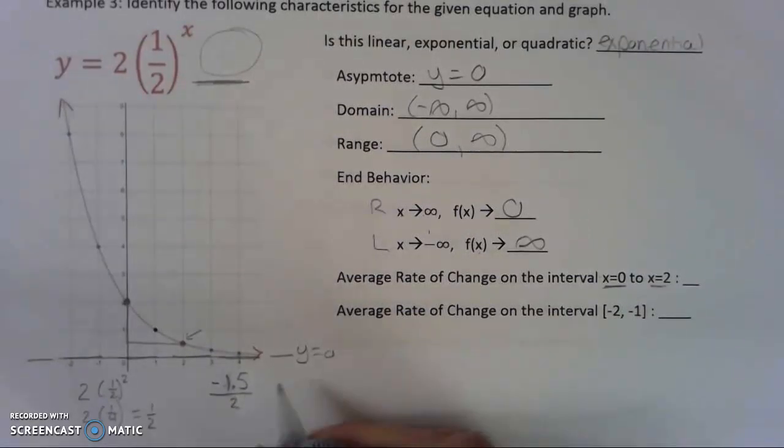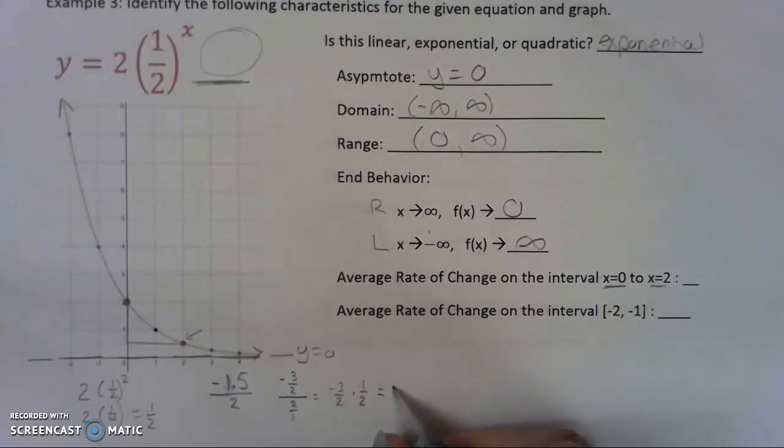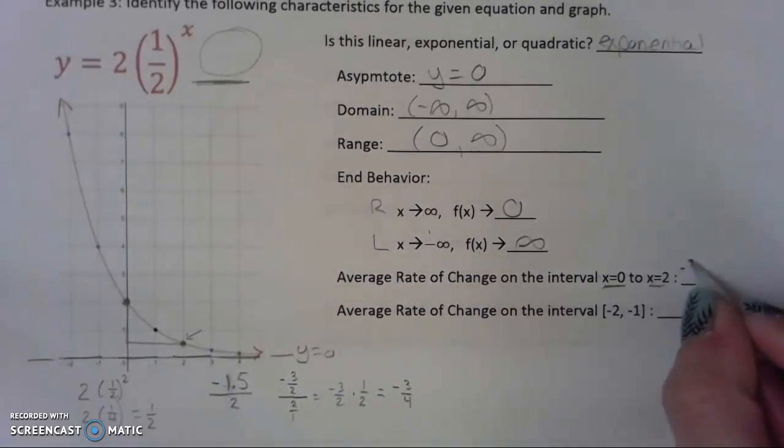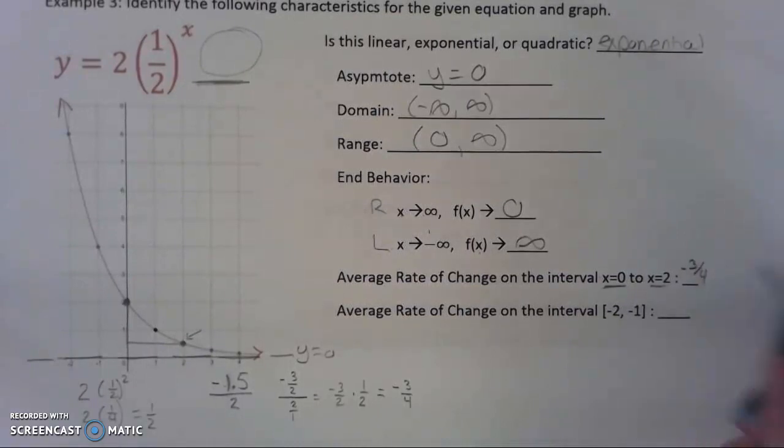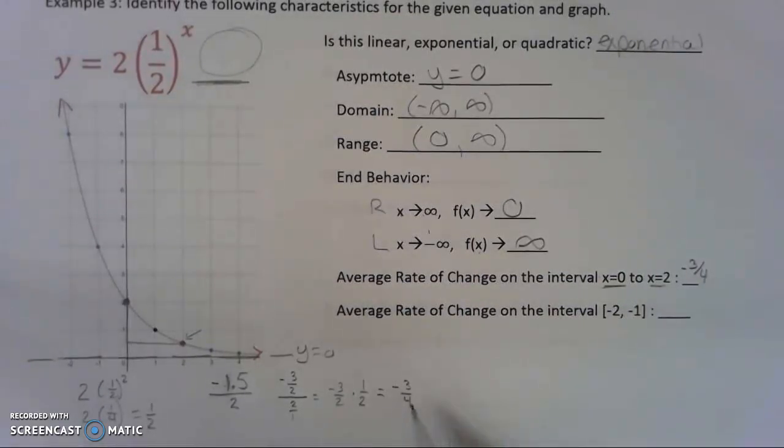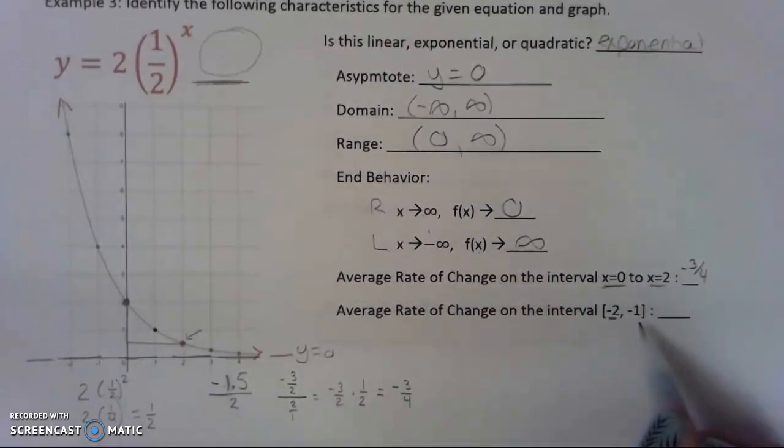So for my purposes, -3/2 divided by 2. If I keep, change, and flip, I'm going to see that I get a -3/4. So -3/4. If you did it on your calculator, you would have realized that you got a -3/4 as well.